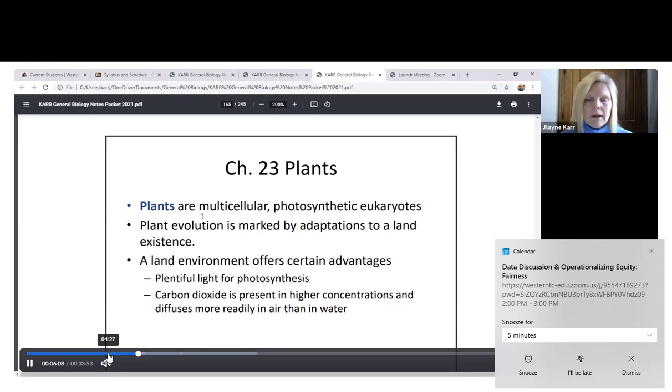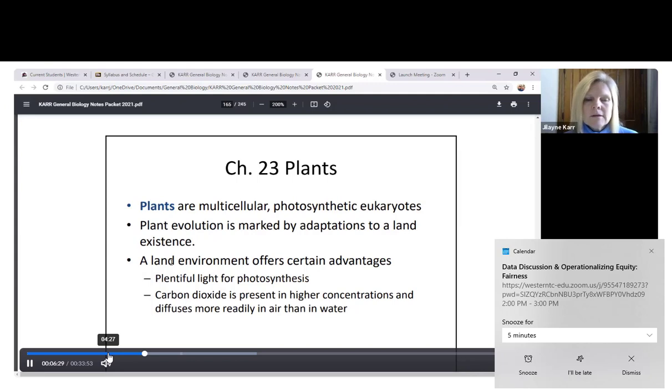So again, many are multicellular, composed of many cells, and those cells sometimes have different functions, and we'll talk about those. So being able to live on land is a key adaptation of plants, so they don't require life in the water like we saw with the algae in the protists.